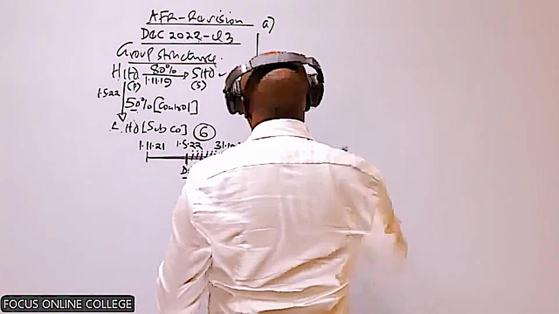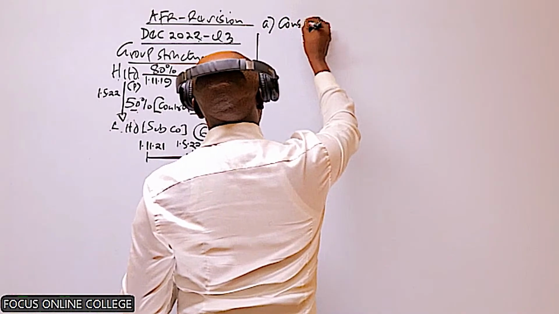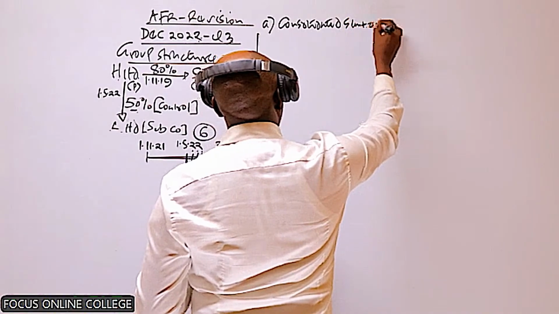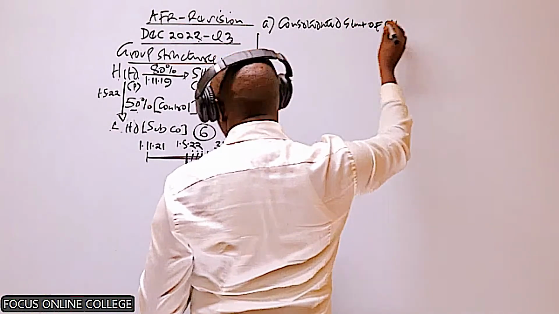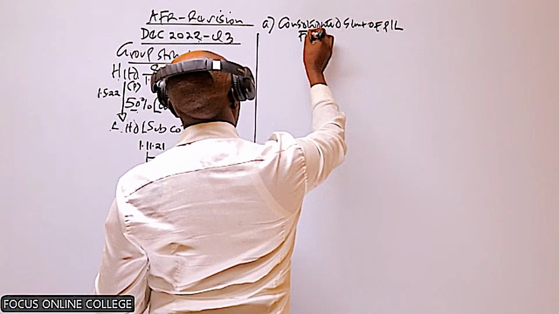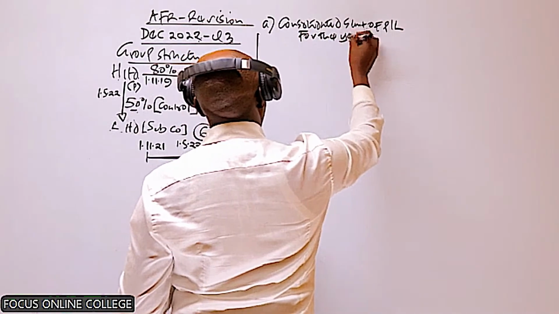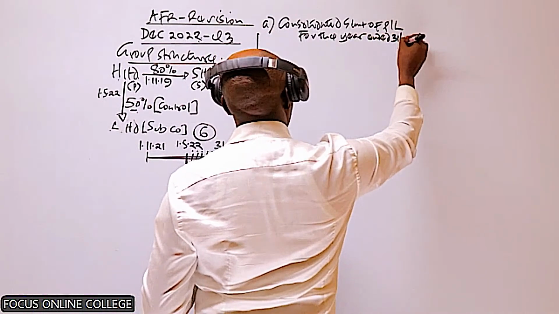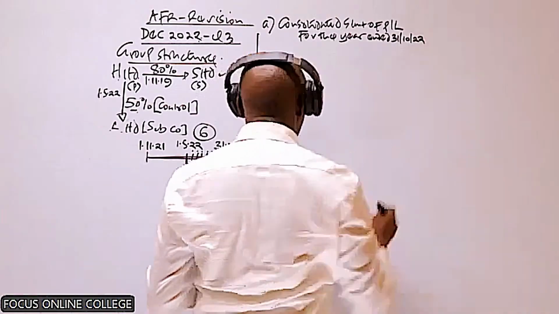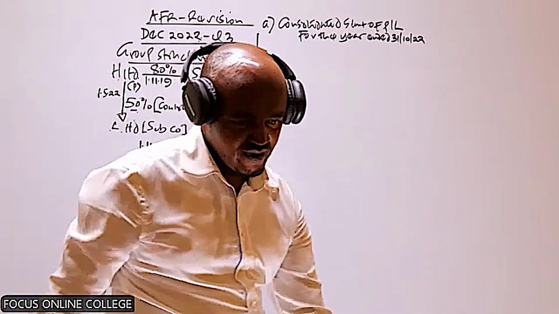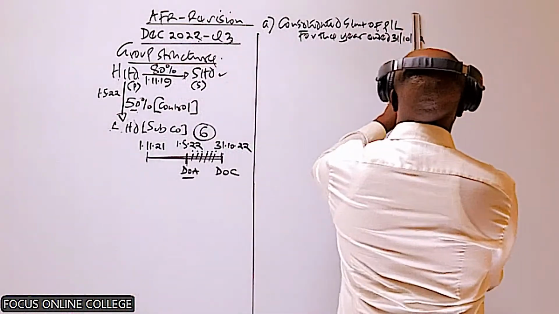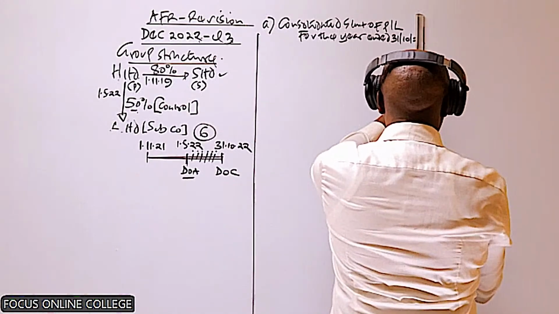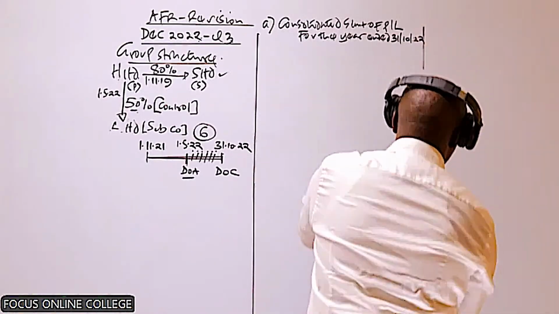So: consolidated statement of profit or loss for the year which ended 31st of October 2022.